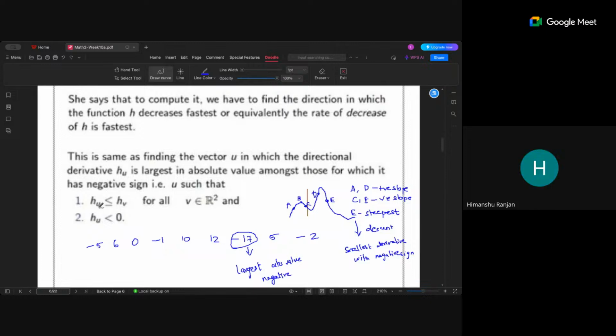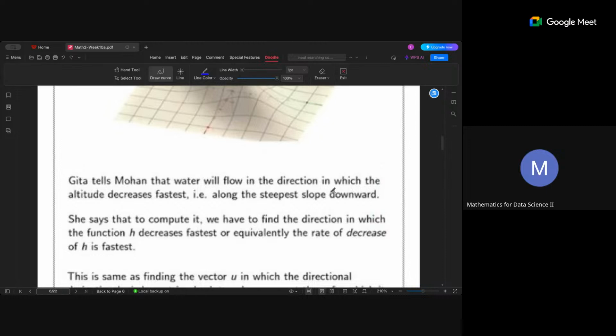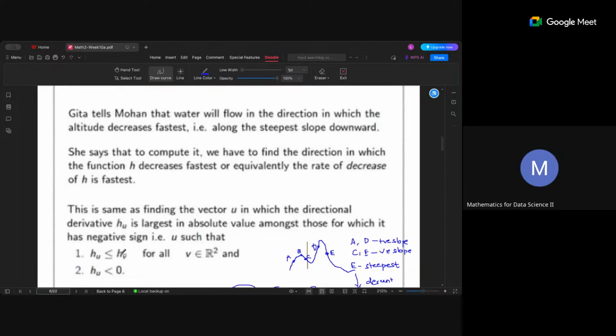Ma'am, but there can be a situation in which we can reverse U and V, like HV can be less than HU. You are going to find the steepest slope. Steepest slope in the sense no other point should have a slope bigger than this. So for comparing to all other places, you are finding a point where the directional derivative is smallest.